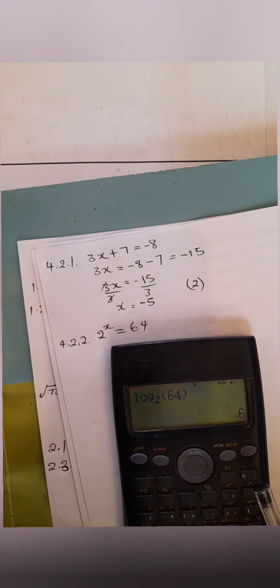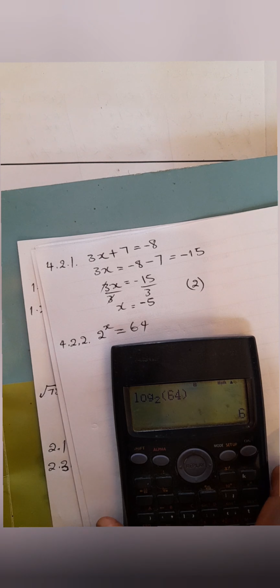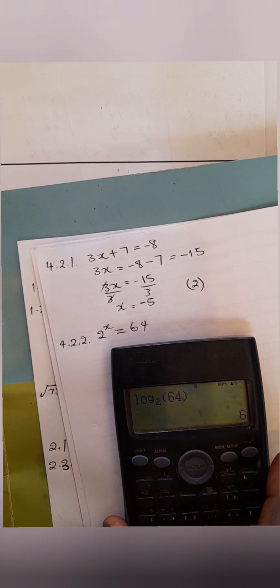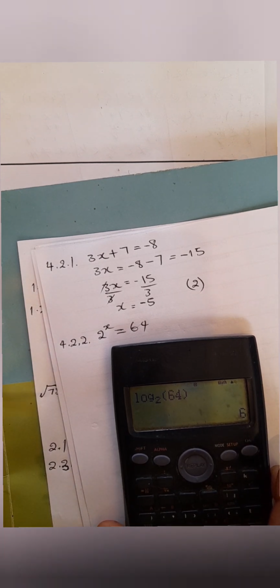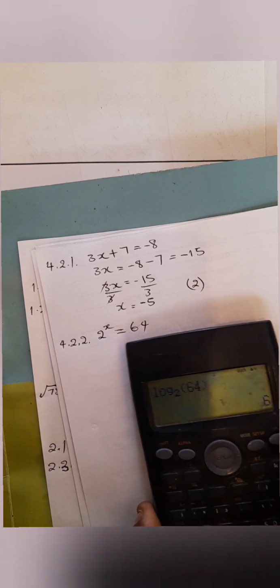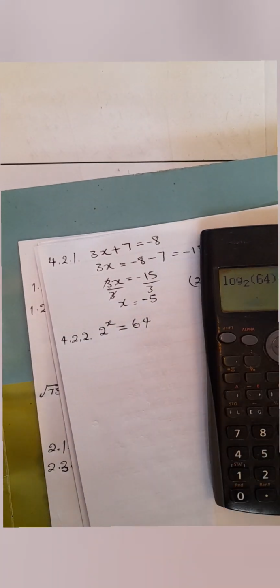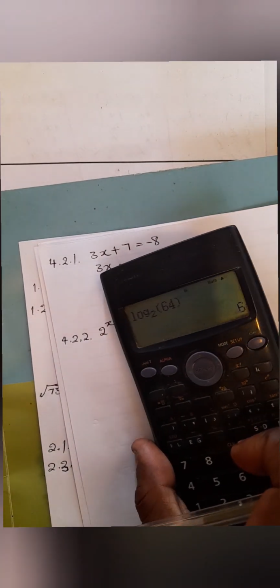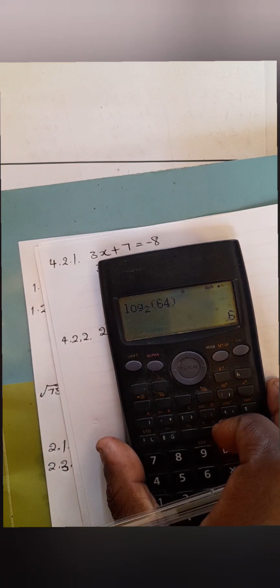Like here, I just used logarithms. But for grade 10s, coming from grade 9, you must use laws of exponents, not logarithms. I just used logarithms and my x equals 6.